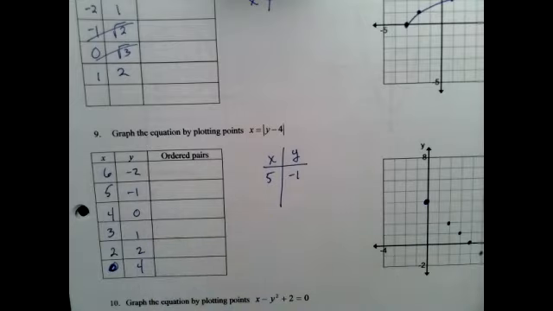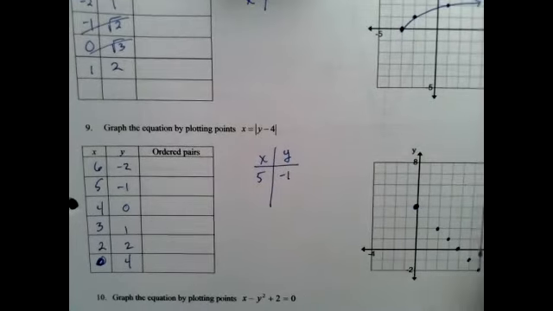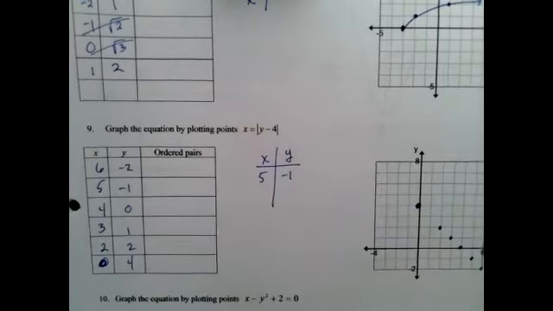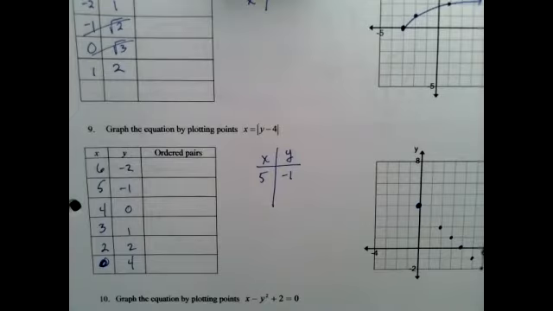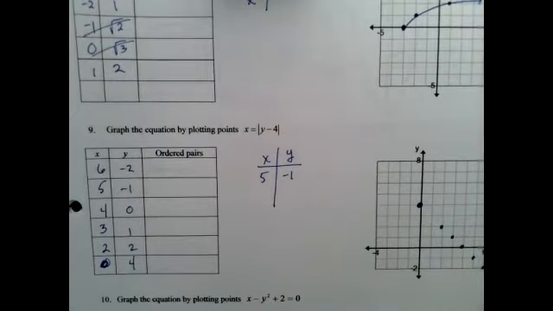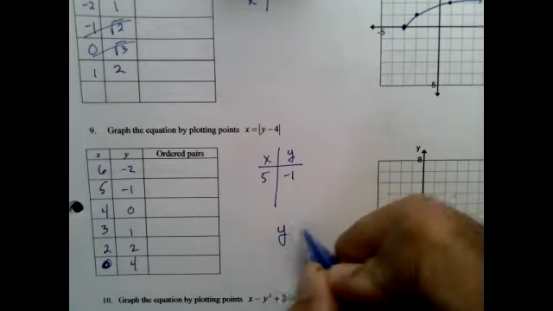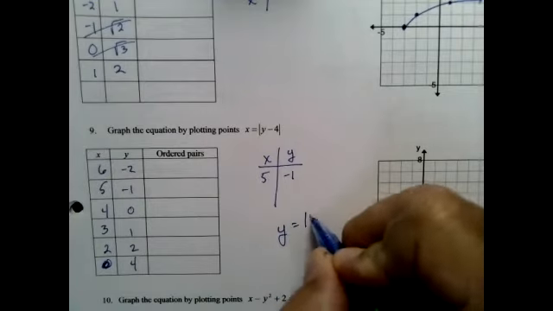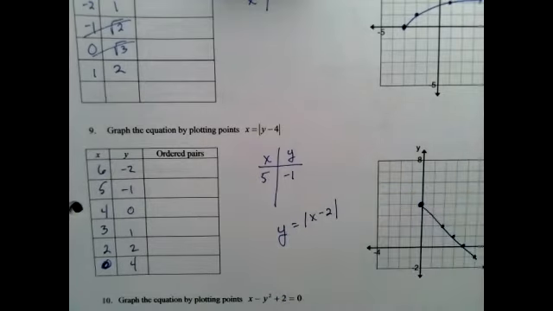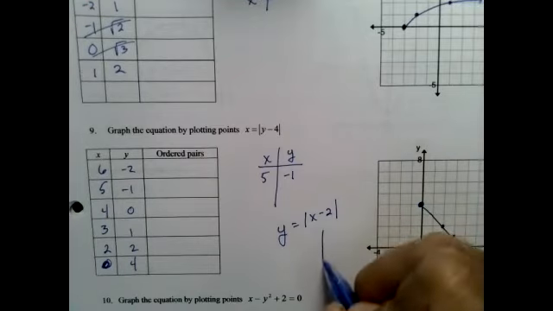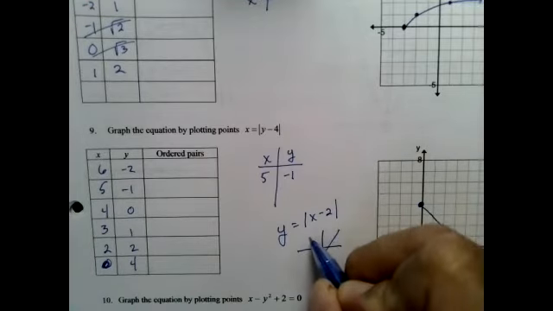At some point, something crazy is going to happen. This was an awful example for them to start with, because it's starting to look like a linear shape. But at some point, this becomes a V. They should have done this: y equals the absolute value of x minus 2 to get you up and started, because the graph of that is going to look something like this.